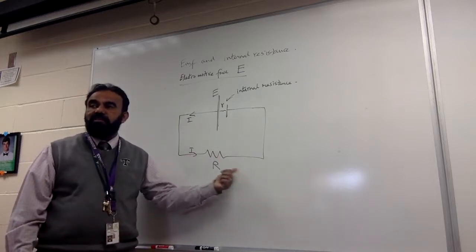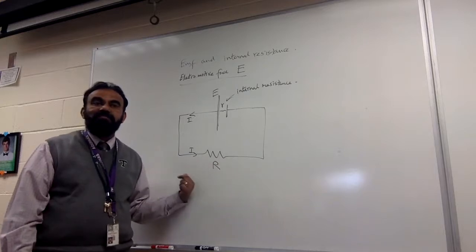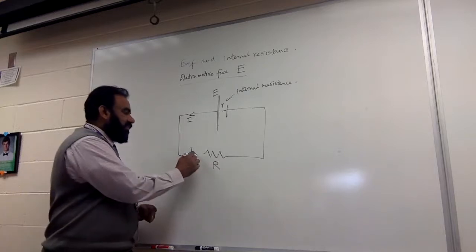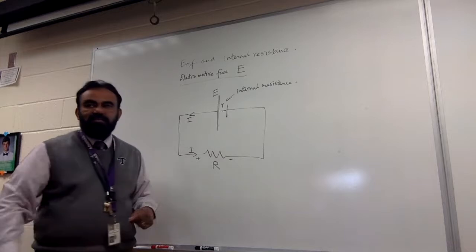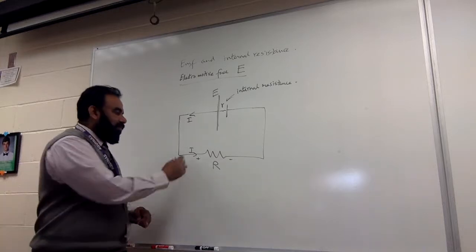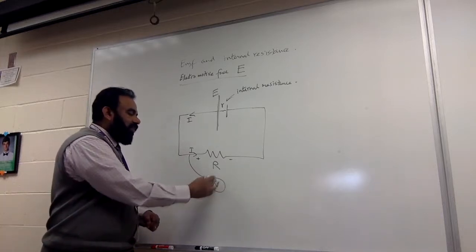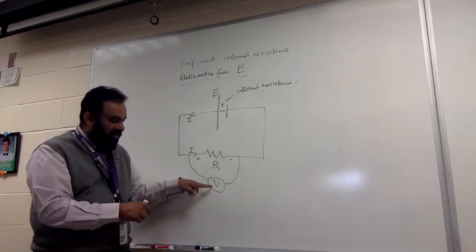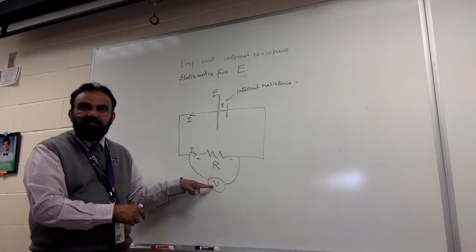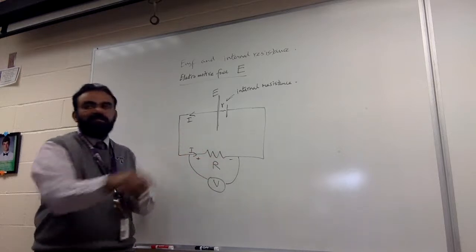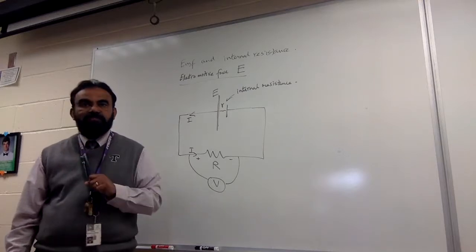Which end of this resistor is at a higher potential? The left side. So if I connect a voltmeter here, it's supposed to read the potential difference across that external resistance only.